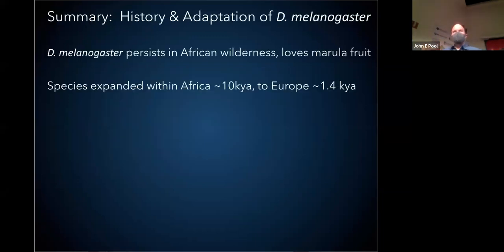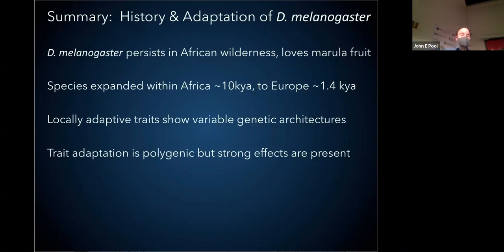So to summarize what I've told you in part 1 here, we've learned that Drosophila melanogaster does still survive in the wilderness of Africa, and that marula is an especially favored food resource. We have estimated the timescale of the species expansion within and beyond Africa. And we've learned about the genetic architecture of adaptive trait evolution by comparing these populations.